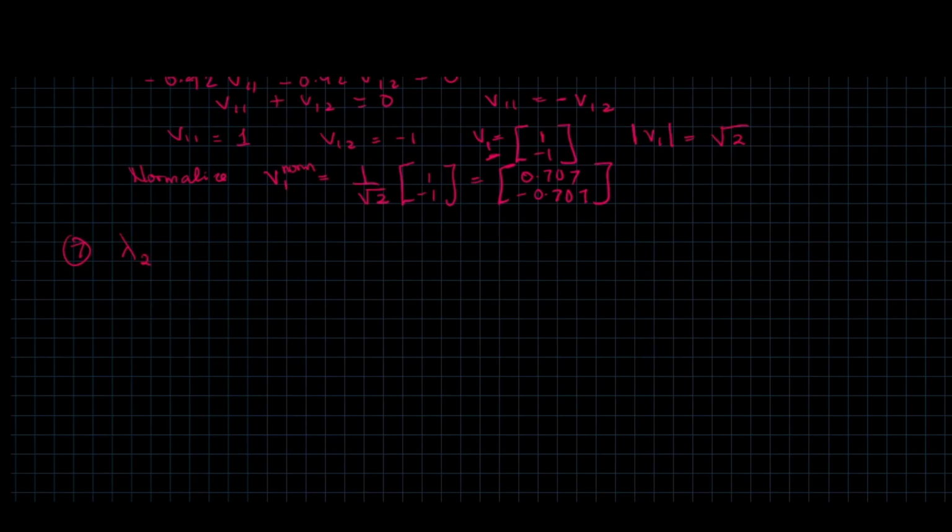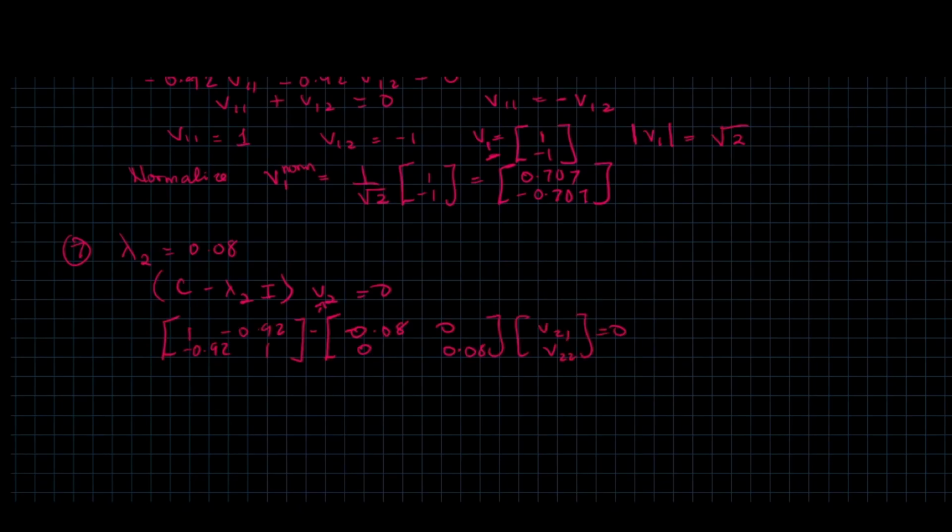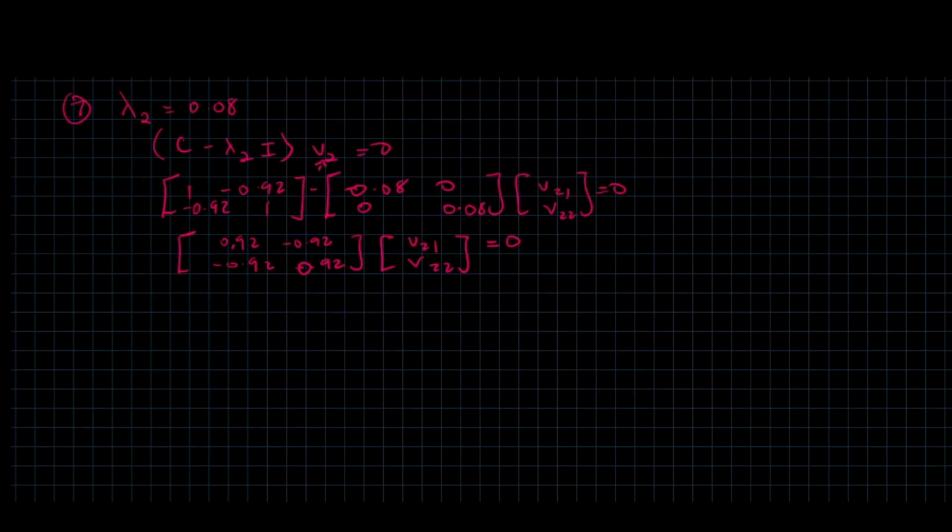And now for our second eigenvalue, which is equal to 0.08, you do exactly that, but this time with its own V2, that's its own eigenvector. We're finding the eigenvector for it. We're just going to do this how we did the last one. Divide through with 0.92 this time to give V21 minus V22 equals 0.